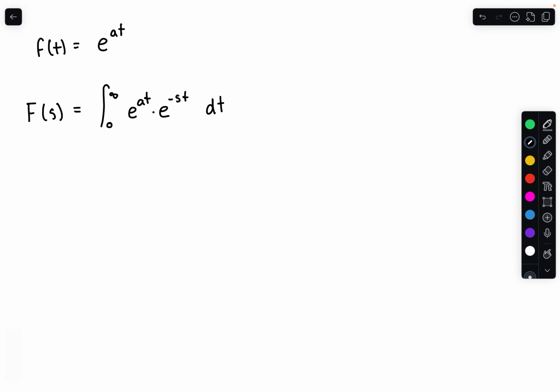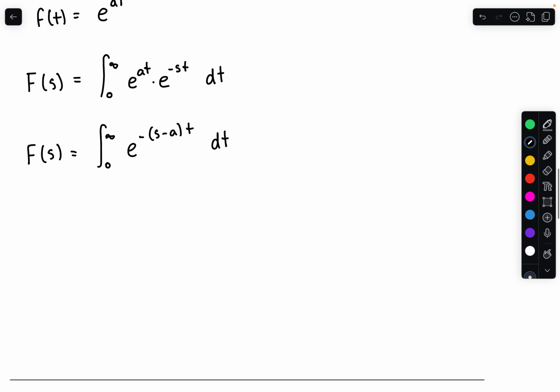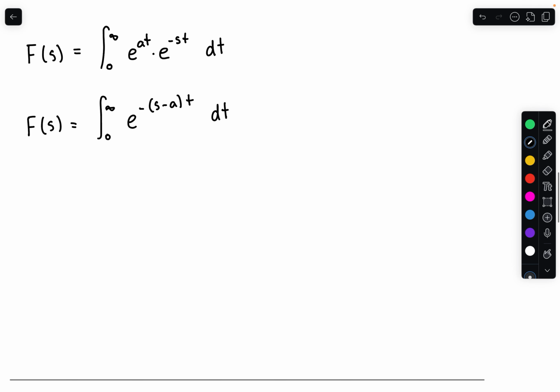If we use our exponent rules, we can simplify this a little, and we get f of s is equal to the integral from 0 to infinity of e to the negative s minus a times t, all with respect to dt. This might look like a bit of a weird way to write it, but what this lets us do is this is just a constant in our mind.